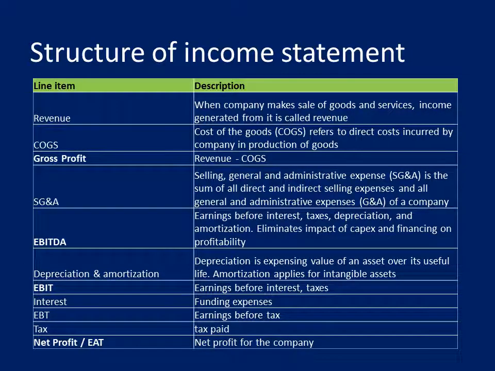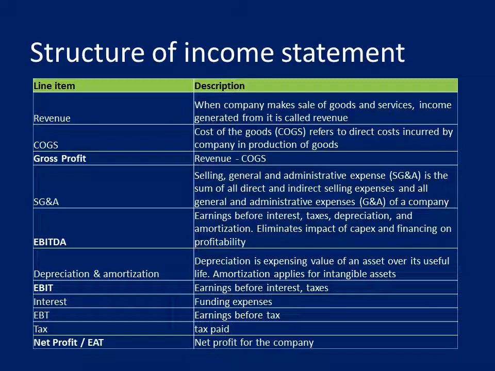We have the structure of the income statement here. It shows all the line items that are there in the income statement along with their descriptions. It starts with revenues and then removes the COGS from it to calculate the gross profit. COGS, as you understand, is the cost of goods which have been used directly in producing the good or the product.